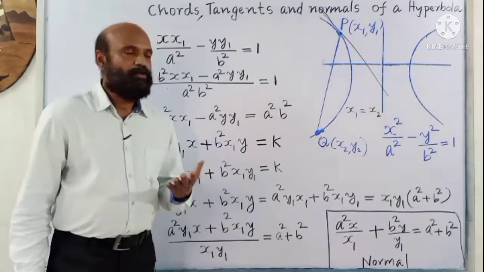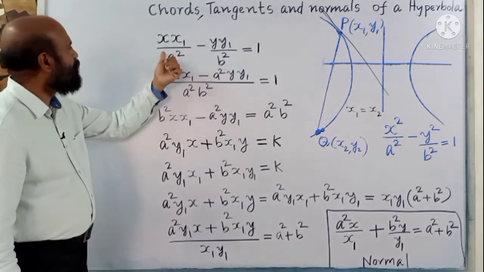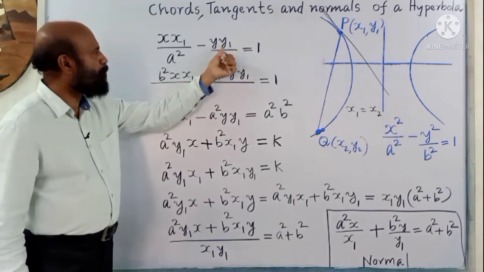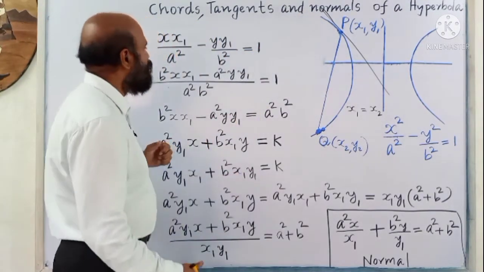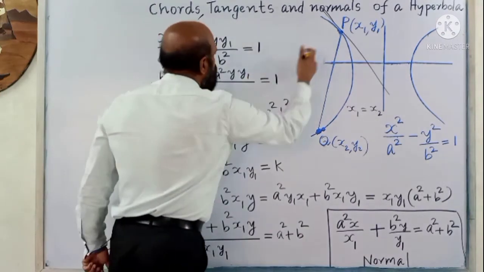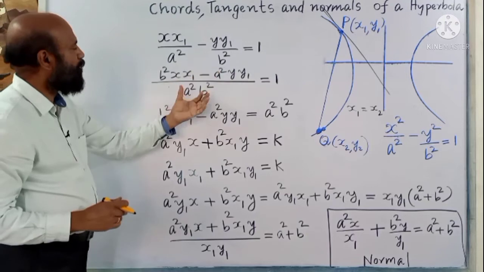Now let us see how to get the normal. This is the equation of the tangent. x1 by a square minus y1 by b square is equal to 1. Then we have to get the equation of the normal. First let us rearrange this. a square b square LCM.